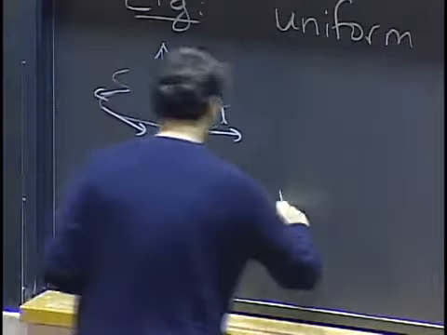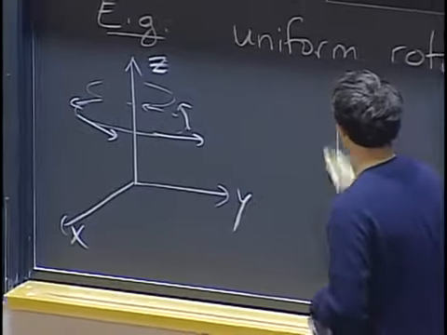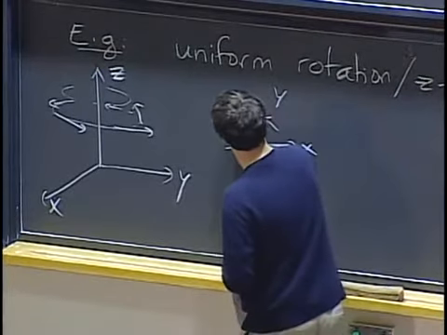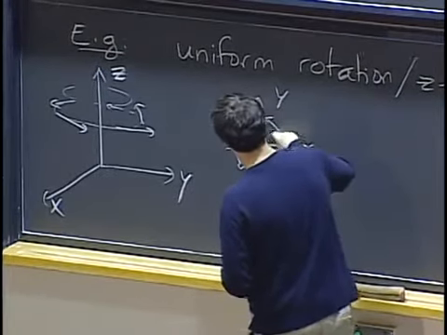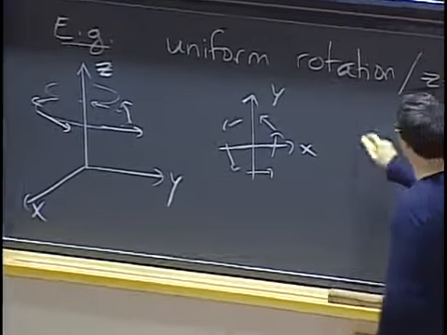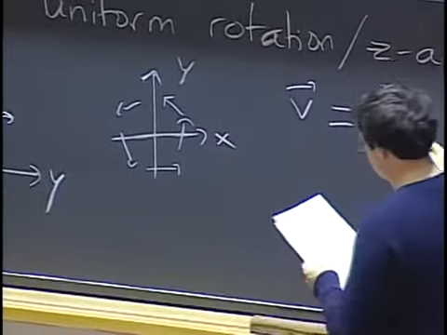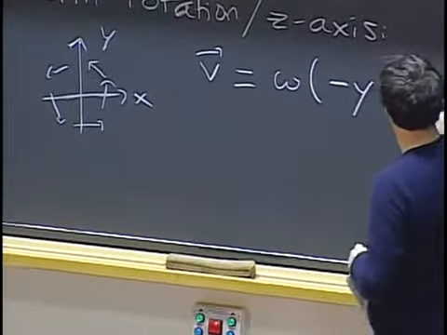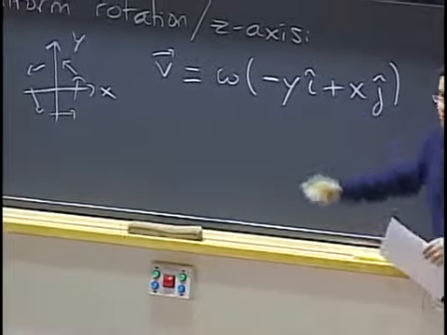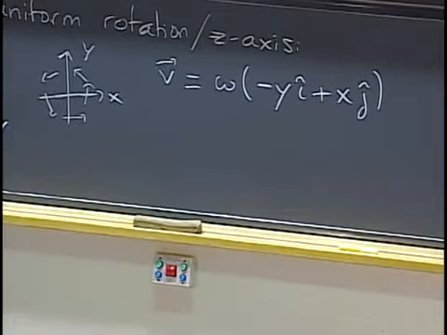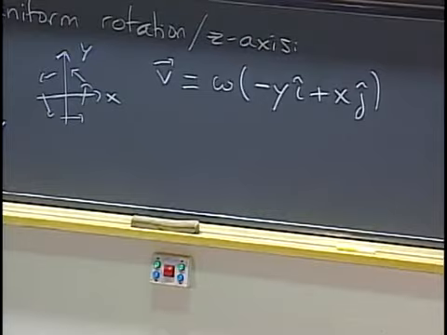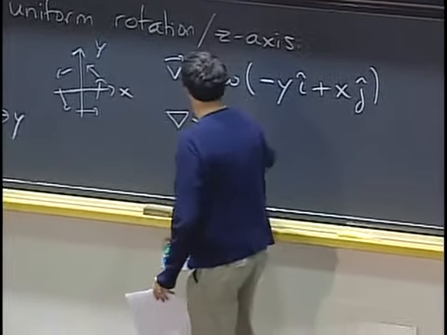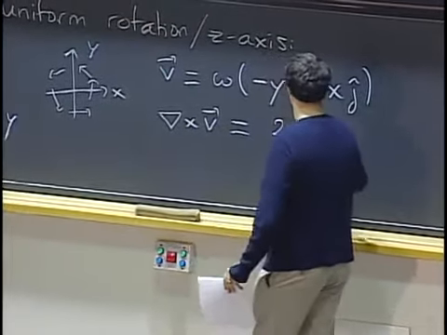If you look at it from above, you'll have this rotation vector field that we've seen many times. Typically the velocity vector would be minus y i plus x j times a number representing how fast we're spinning, the angular velocity in radians per second. If you compute the curl of this, you end up with 2 omega times k.